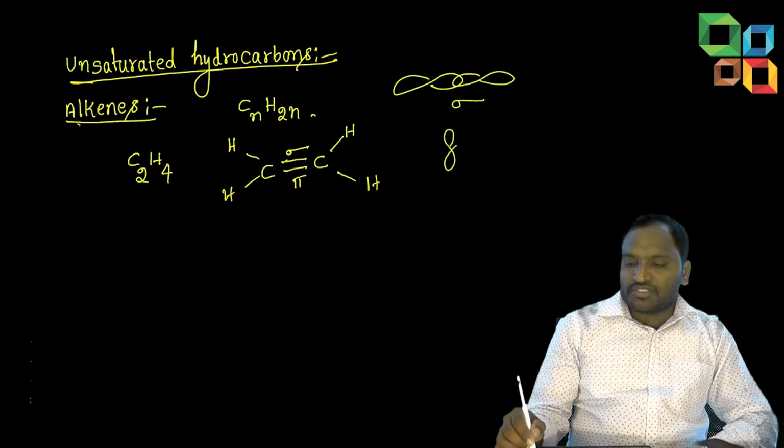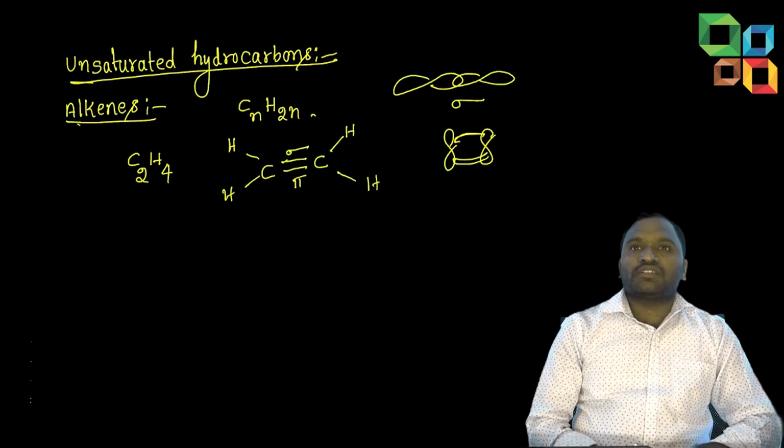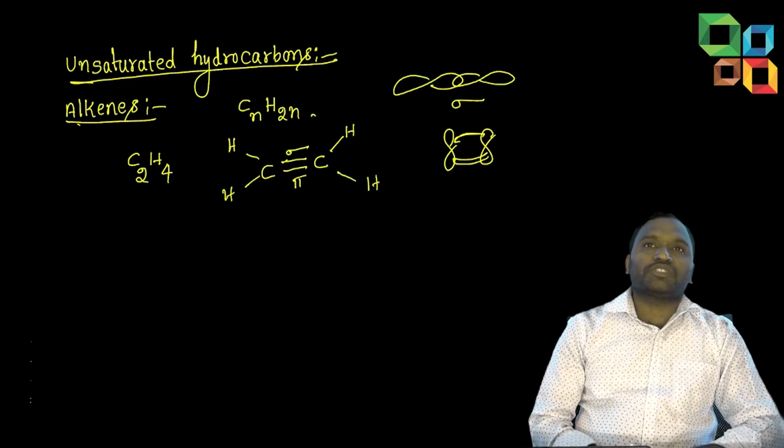If orbitals overlap sideways, this is also called lateral overlapping, it results in a pi bond formation.